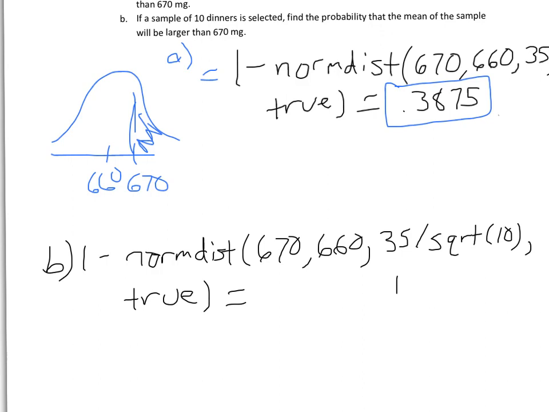And when you do that, you'll get 0.1831, which is your answer.